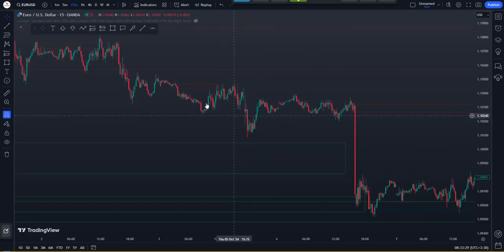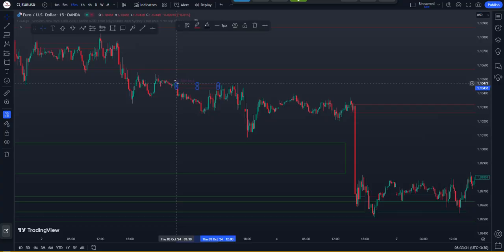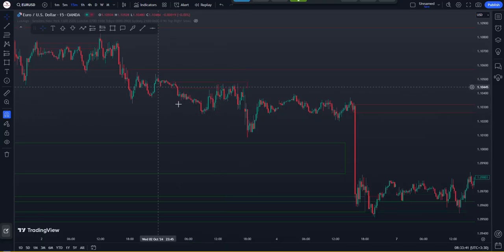Let's correct this level. Actually this one, okay, you can see everything is cleared after price goes out from this low in here back to there, and this is the last place short orders were executed.